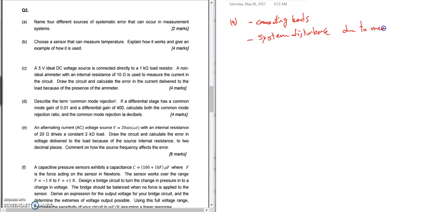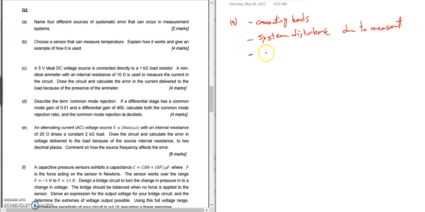What that means is basically, for example, if this is a voltage source and you want to measure the current, what you do is you add a meter that measures the current going through. So you have to cut the circuit and measure the current. So cutting the circuit might actually lead to a system disturbance.